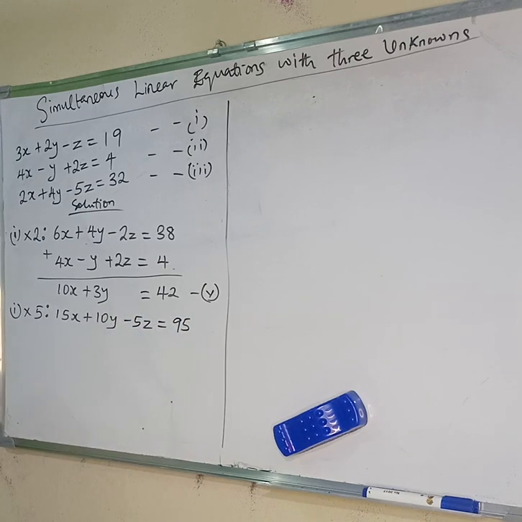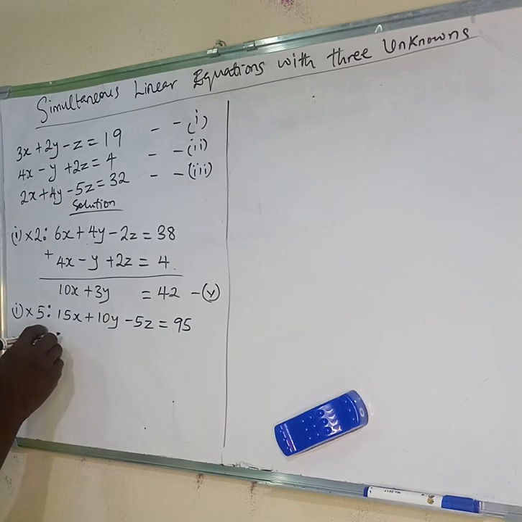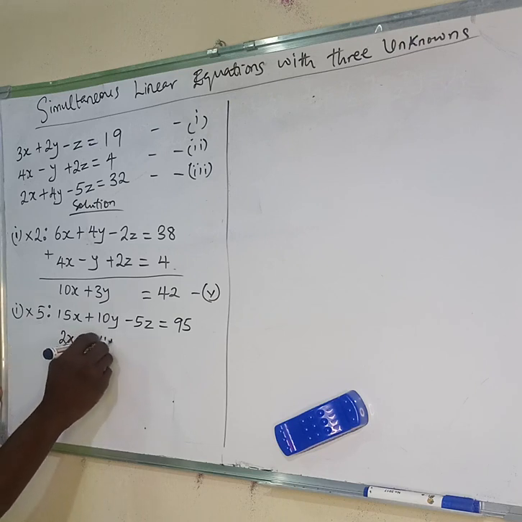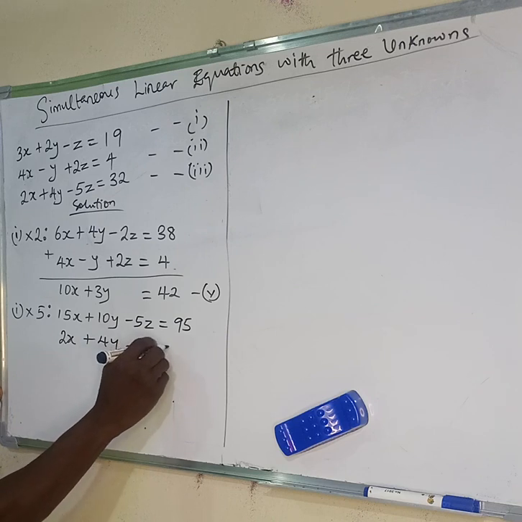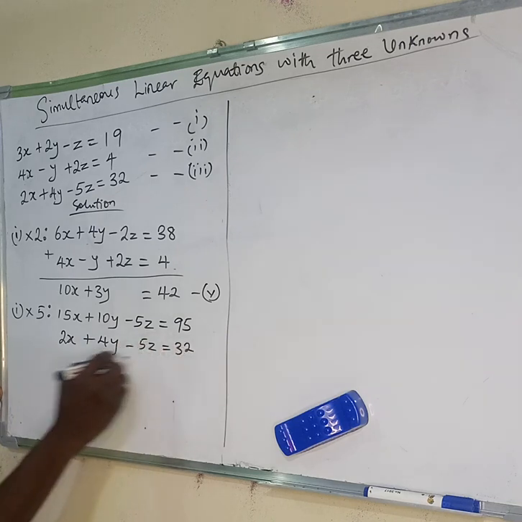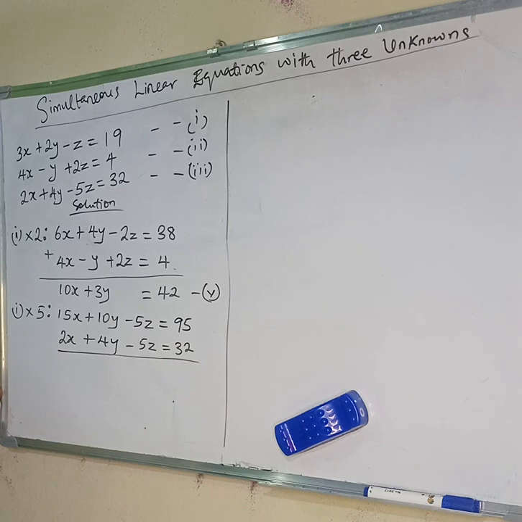All right? So now we're going to bring down equation 3 to solve simultaneously with this equation. Equation 3 says 2x plus 4y minus 5z equals 32.